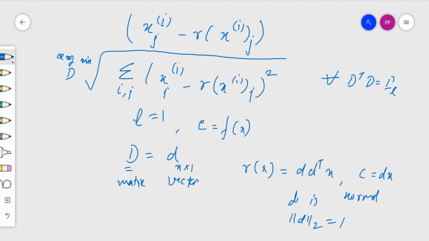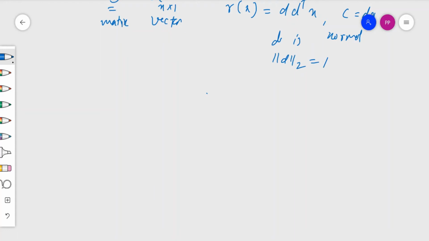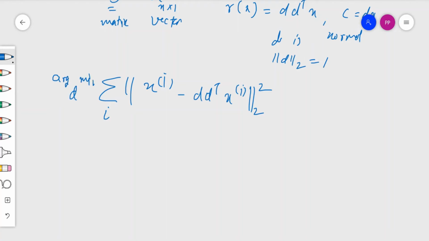So thus our problem is modified into the form: x_i minus d transpose x_i, 2 norm of this squared, over m points, and now we have the argument d and minimize this norm.